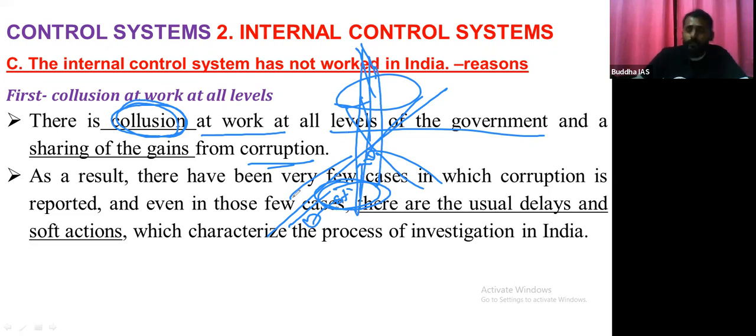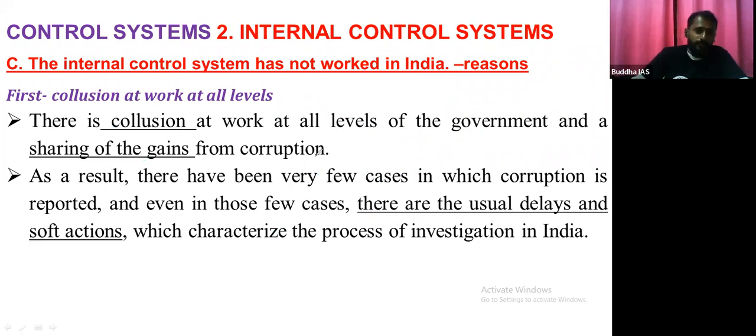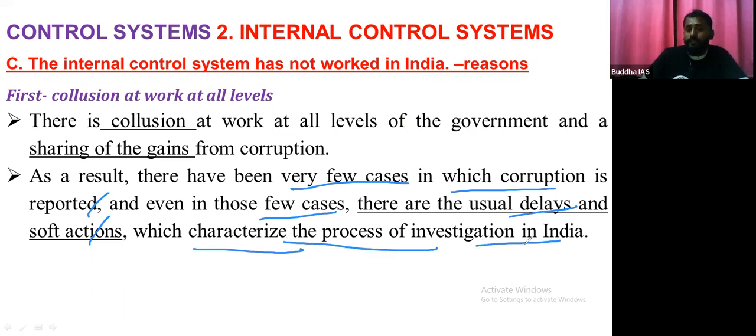So they won't take action, right? There is a collusion at work at all levels of the government and a sharing of the gains from the corruption. So they are sharing the gains which they get by being corrupt. As a result, there have been very few cases in which corruption is reported. Even in those few cases, there are the usual delays and soft actions which characterize the process of investigation in India.